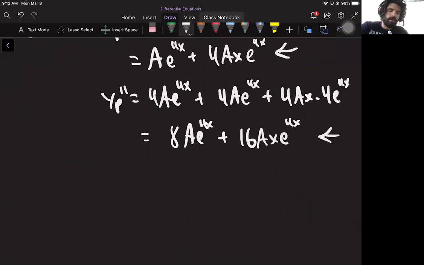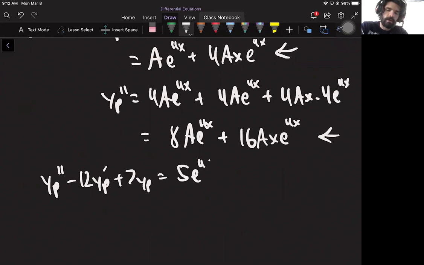Okay, so again, same differential equation. So yp, I'm plugging it in into this thing. What was that? It was 5e to the 4x. So what is this?